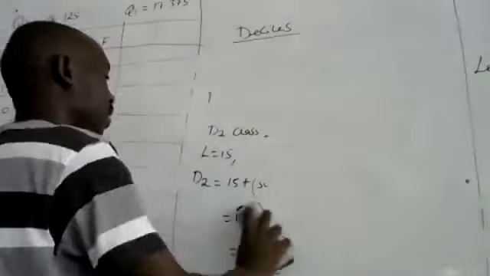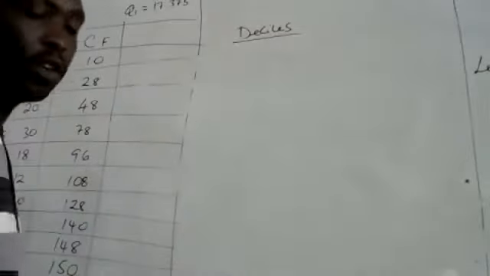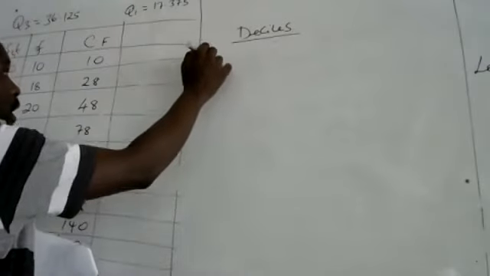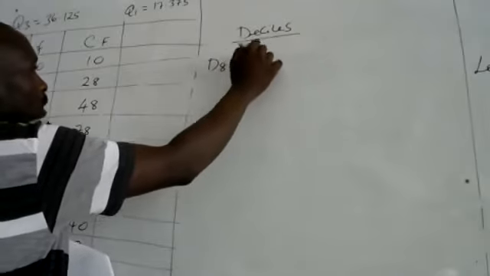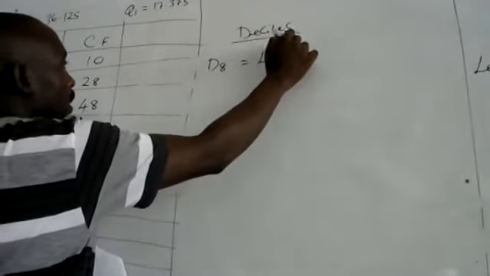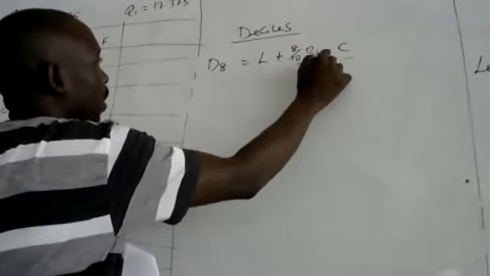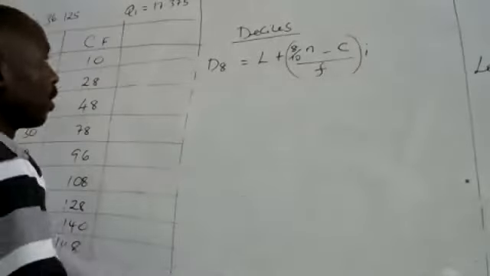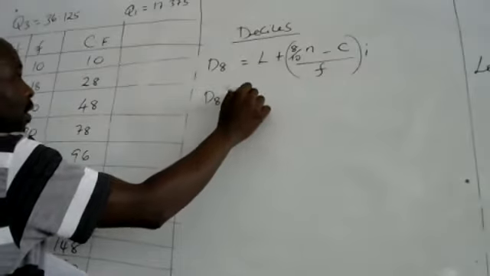Maybe we can calculate another one, and then we move on to the percentiles because they share a lot. If we want to get to the D8, which is going to be given by L plus 8 over 10n minus C divided by F times I, then we need to get a D8 class.